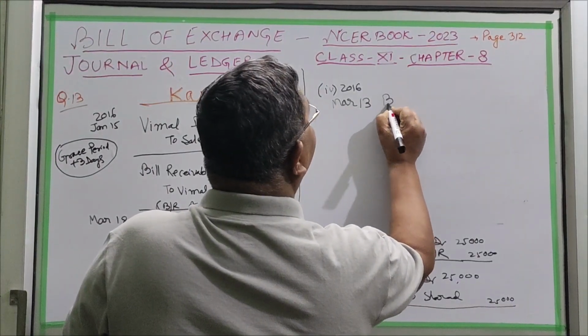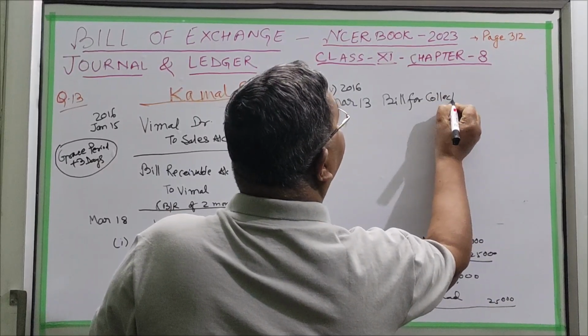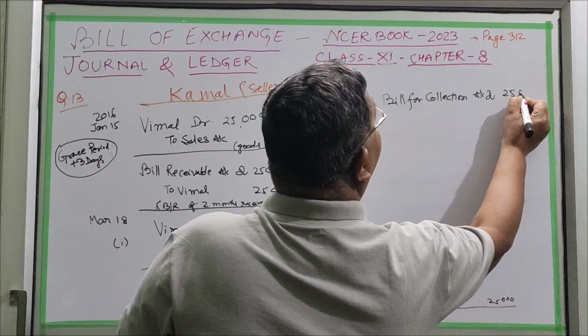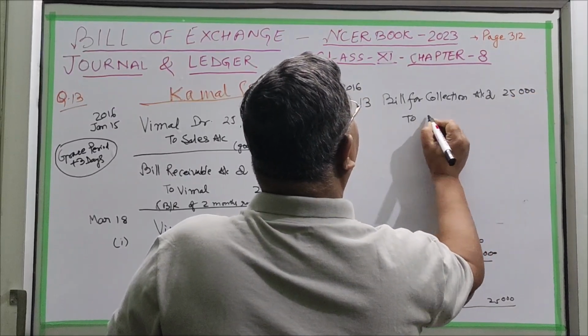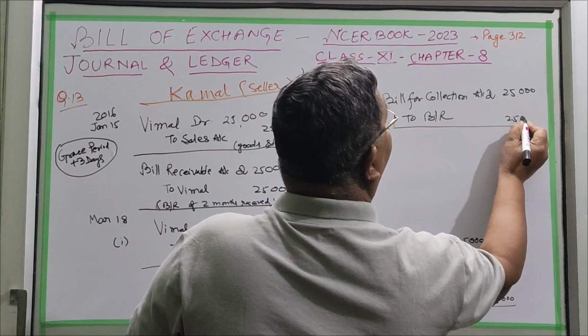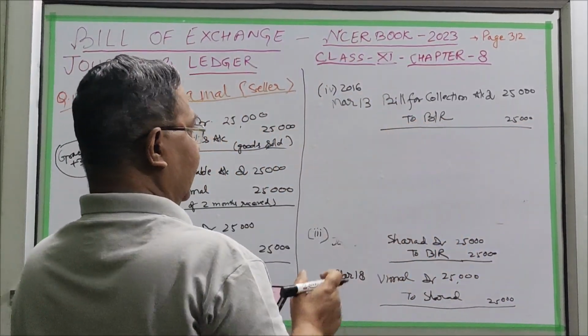So bill for collection account debit, bill for collection account debit 25,000 to BR. The bill has gone to the bank. We have deposited it. Here we will write bill sent to bank for collection.